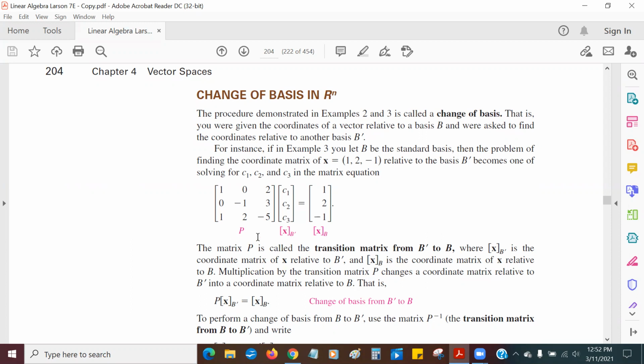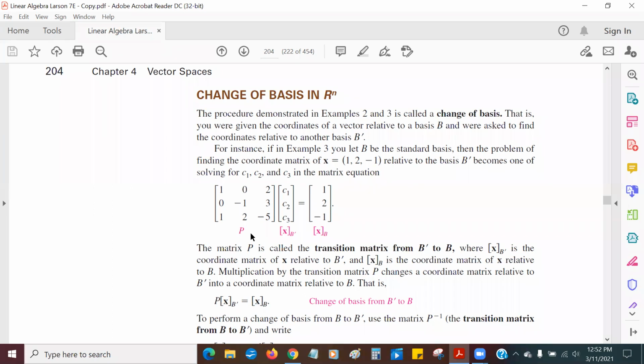We basically multiplied this vector by a matrix, and that matrix is called a transition matrix from B prime to B. Why? Because I have a vector written with coordinates relative to B prime. I'm multiplying that vector times this transition matrix, and the result is a vector relative to basis B.